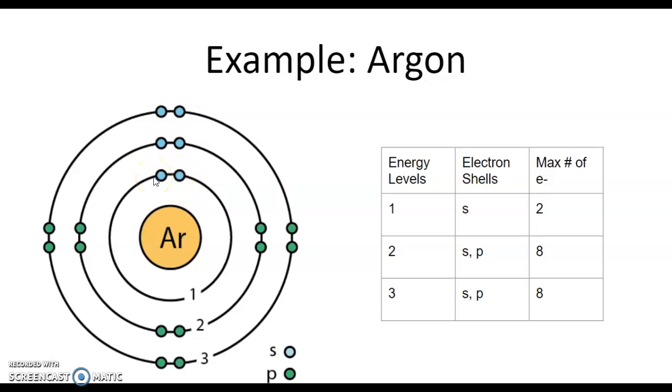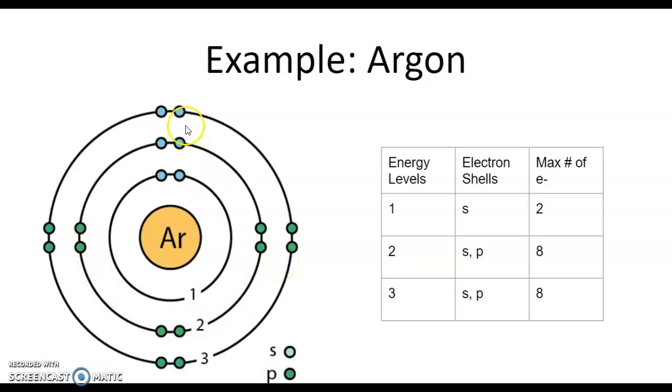When we move up to energy level 2, we notice that it's both S and P shells in this level for a maximum of 8. Again, S holds 2 electrons right here, but P is going to be able to hold 6 electrons. And on the outer level, now we move on to the 3rd level.